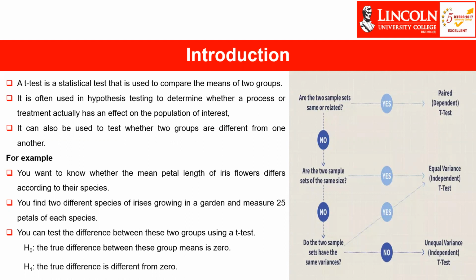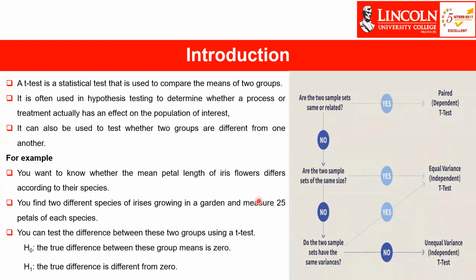For example, you may want to know whether the mean petal length of iris flowers differs according to their species. In this case, you find 2 different species of irises growing in a garden and measure 25 flowers of each species. You can test the difference between these 2 groups using a t-test.